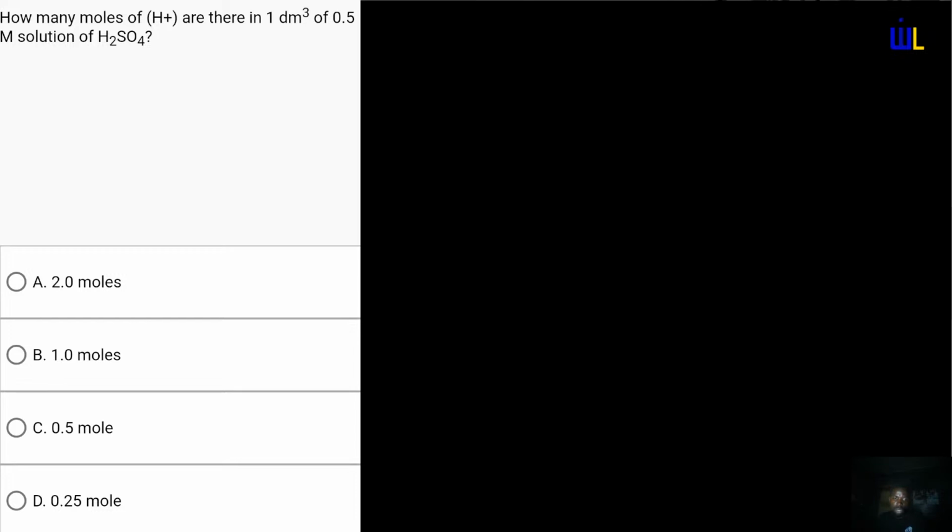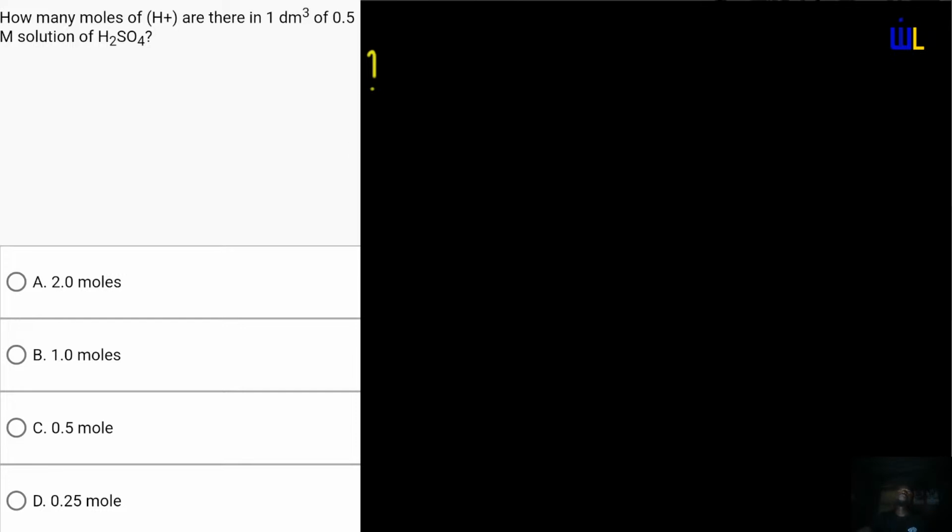So let's solve this together. What you are asked to find is the number of moles of H plus. What you are given is the concentration of H2SO4, and the value is 0.5 molarity.